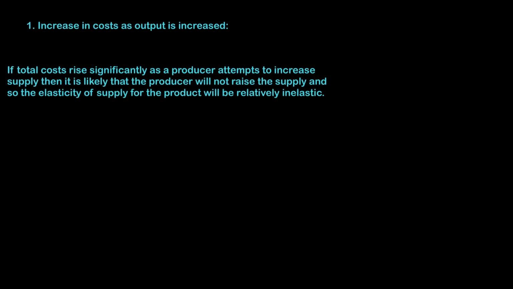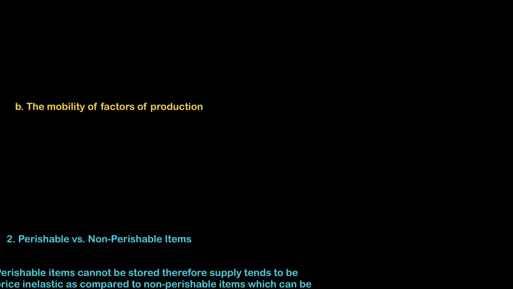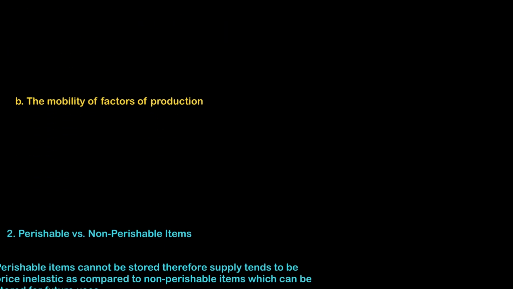And the first factor is the existence of unused capacity. Whenever firms have unused capacity, that basically results in them being able to easily increase supply. And the reason is very simple: you have a lot of significant productive resources, like for example land or labor or capital, that are not fully employed.